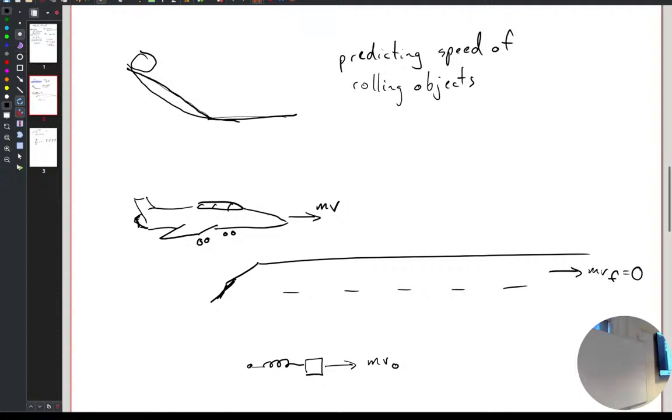Every question. Block sliding. Okay. Conservative forces. Feel like friction. Okay.